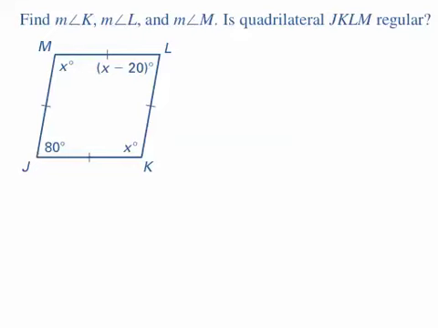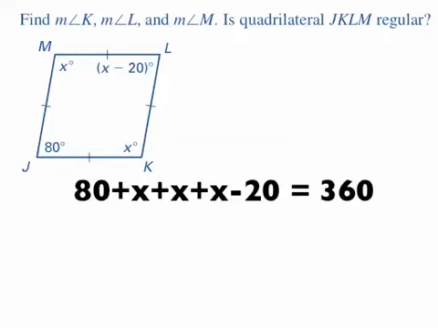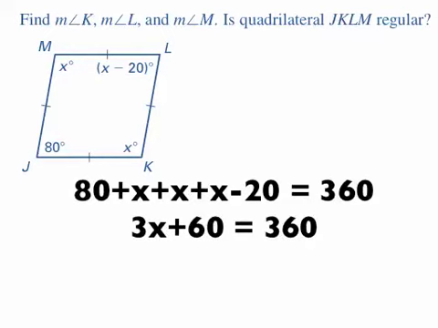To find the measure of the unknown angles, we need to add all of the angles together and set it equal to 360. So I'm going to say 80 plus x plus x plus x minus 20 equals 360. I'm going to combine my like terms, and I have 3x plus 60 equals 360.